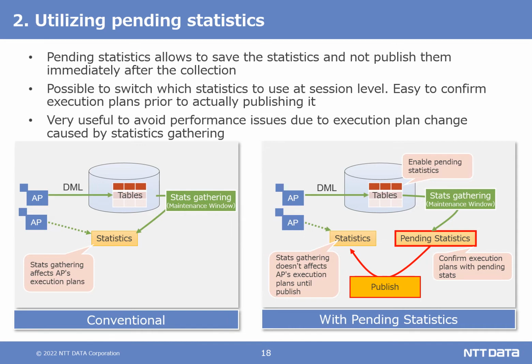Later on, the saved statistics can be published at any time. It's even possible to switch the optimizer to look at the saved statistics at session level and confirm execution plans by a command like explain plan for prior to actually publishing them. So it is a very useful feature to avoid performance degradation caused by gathering statistics.